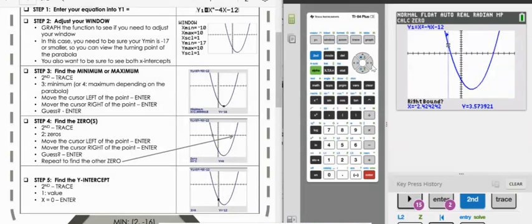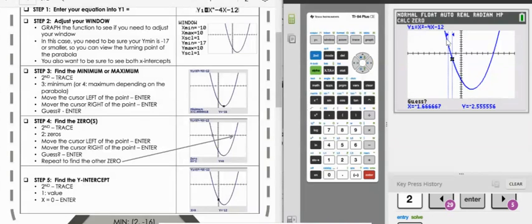Now it says right bound, so I'll move to the right of this point. Hit enter, and it's going to draw another line. These are like boundary points. We want to make sure that the x-intercept lies in between these two lines. Now the calculator says guess. We can hit enter one more time. It jumps to the point, and I can see that this intersection occurs at -2, 0.